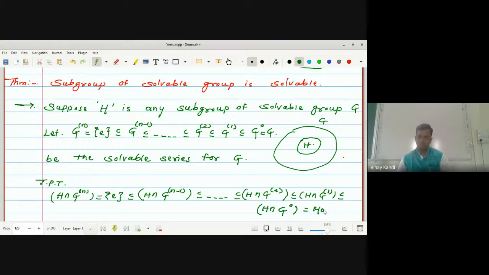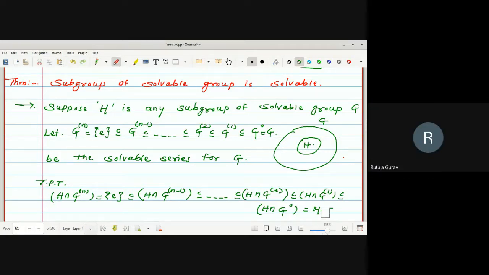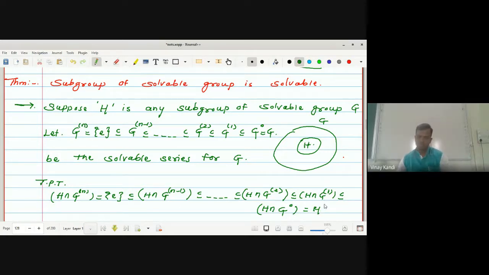So now H0 is equal to G0 intersection H, which is H.